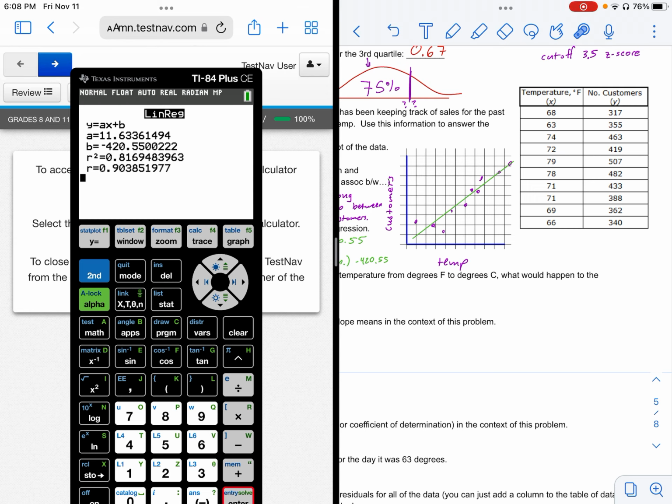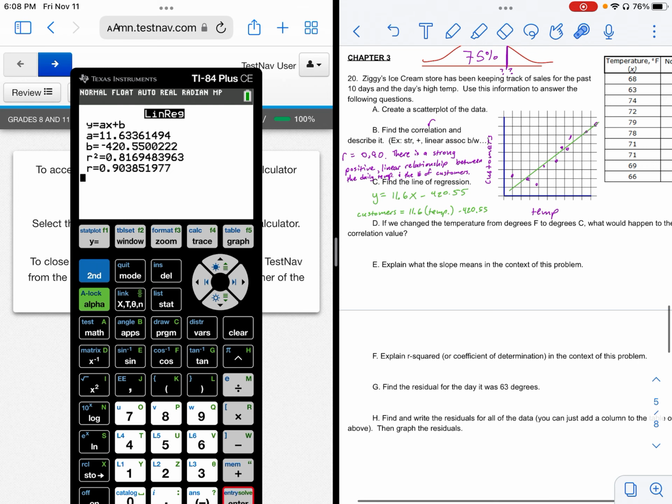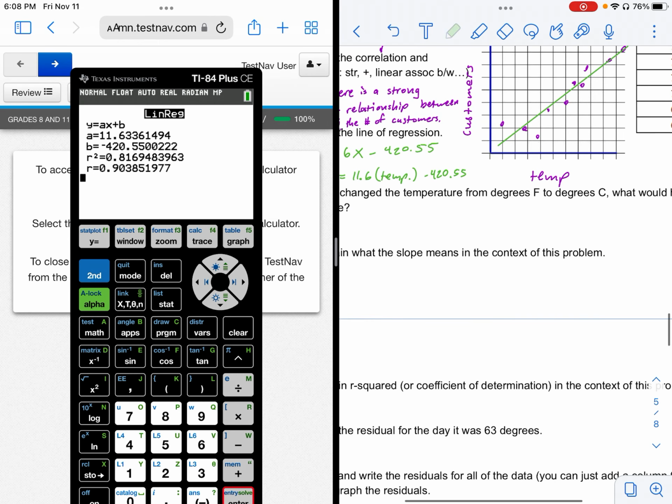We use Fahrenheit. Do you think ice cream sales are different in Europe than they are here? Like, no, the relationship is not going to change based on the units that we're using for the temperature. So what would happen to the correlation is really saying what would happen to this right here. It's not going to change, okay? R will stay the same.